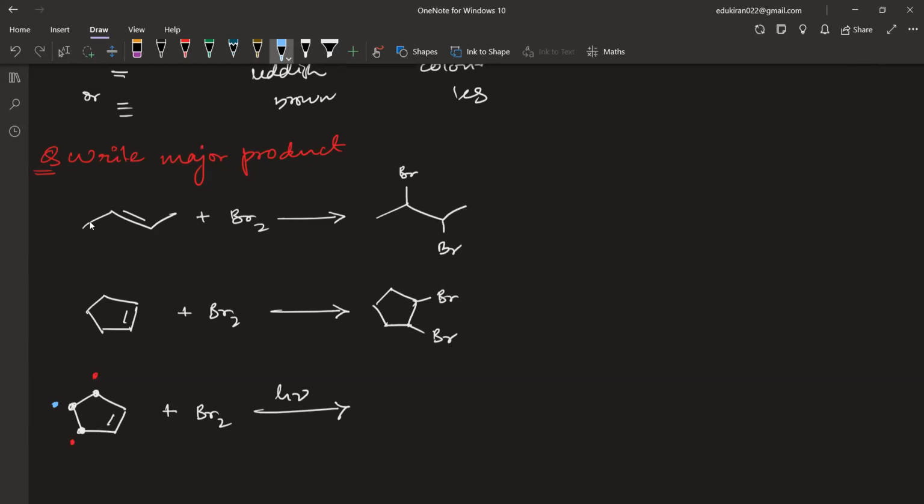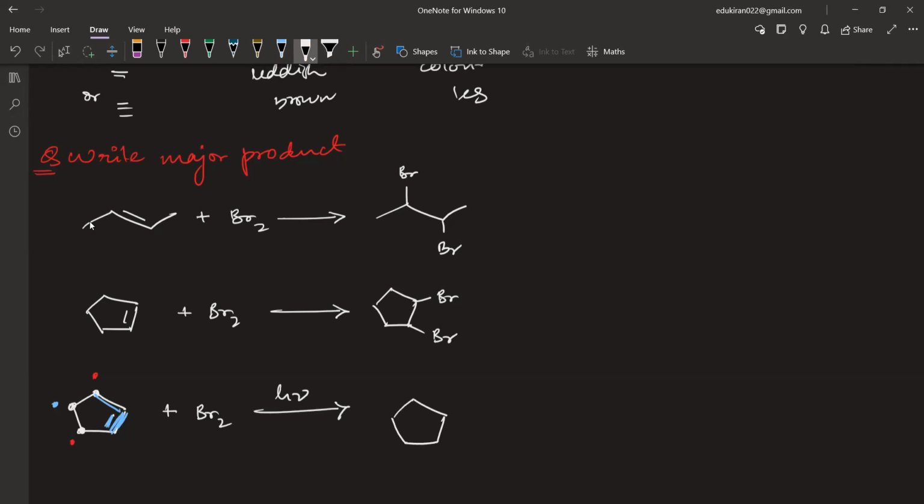Now, whenever we have free radical halogenation, we get a carbon free radical. Now, a carbon free radical which has A double bond B, single bond C, and then a free radical, is going to show resonance, and that is why you will get a product like this.